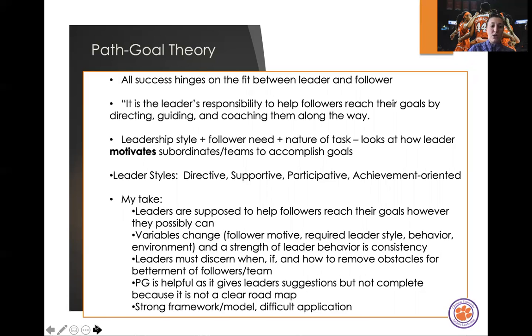So path goal is really talking about this blend of leadership style, follower need, and what's going on in the relationship, like what kind of task it is, what the environment is like, and what skills the follower needs to complete the task to the best of their ability. It really looks at how a leader motivates their followers or their teams to accomplish their goals.